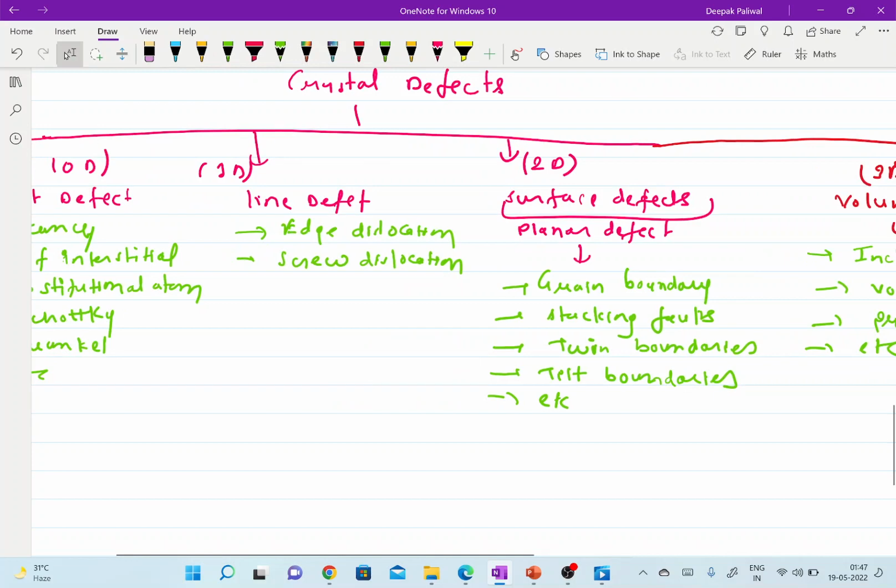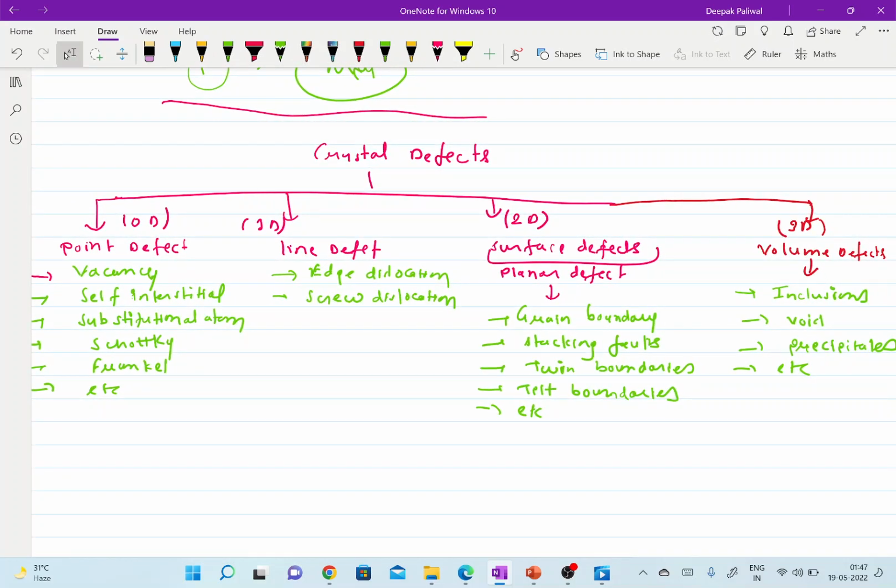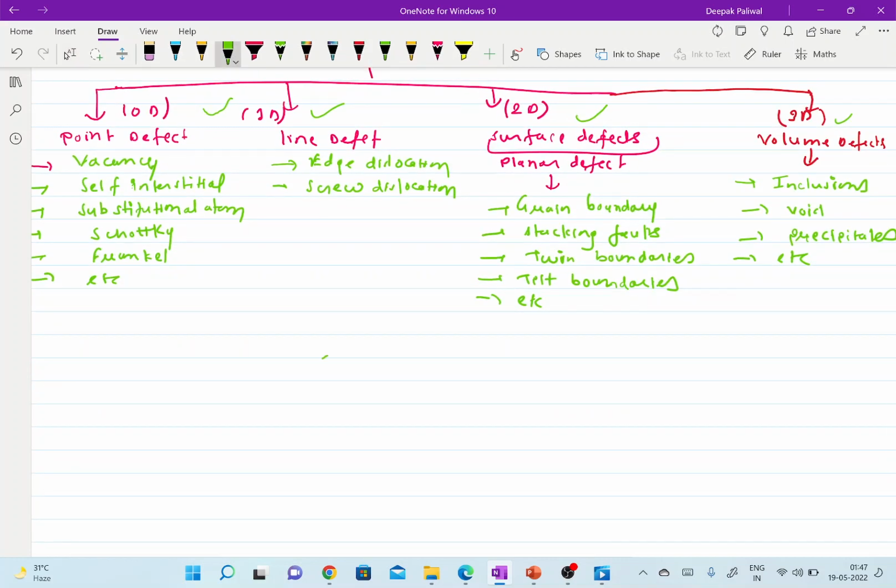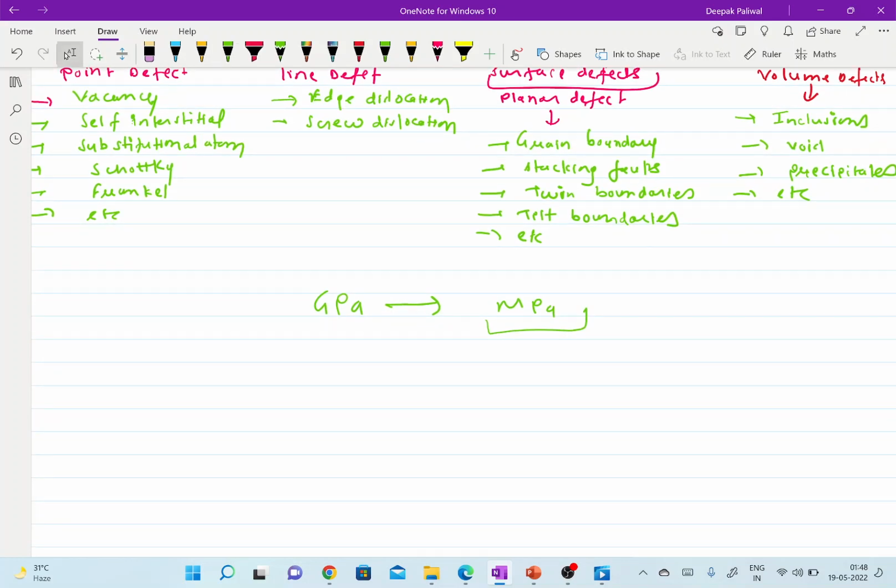So we have that many 0D, 1D, 2D, and 3D crystallographic defects, and because of all these defects, the strength of our material, which should be in the GPa, is in the order of MPa. So all these defects contribute to the reduction in the strength value. That's why we are getting the strength in the order of MPa.